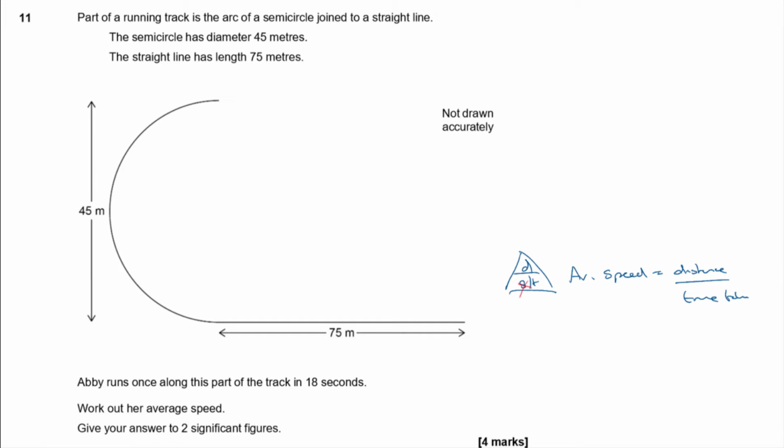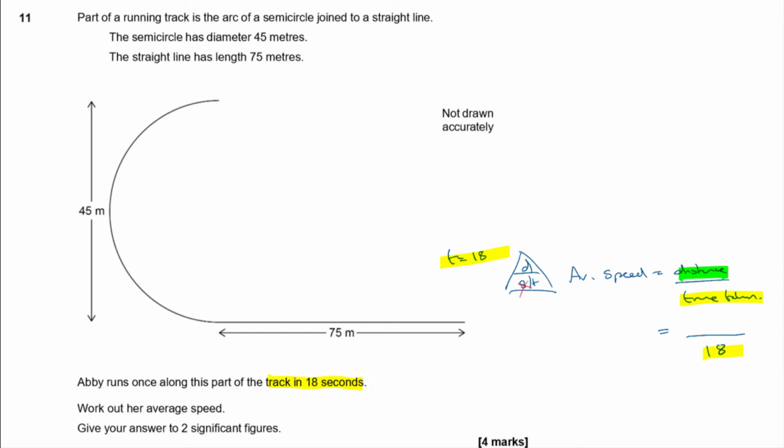Do we know any of those things? Well, we know the time. We can sub 18 in straight away, so t is equal to 18. But what about the distance traveled? We don't know that yet, do we? So we need to work out what that distance is before we can work out the average speed.